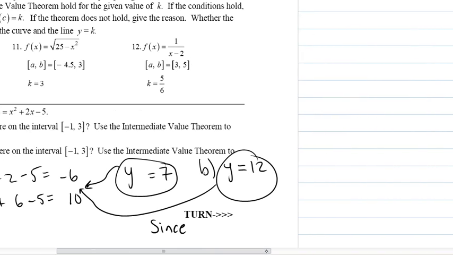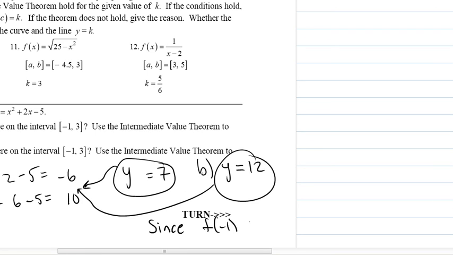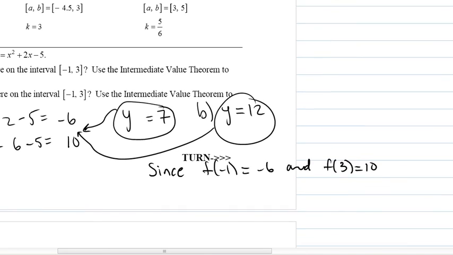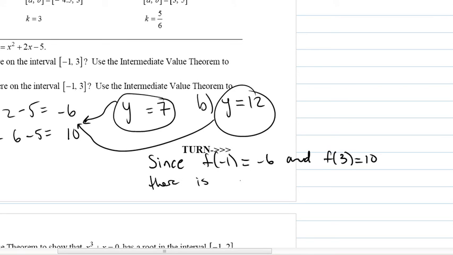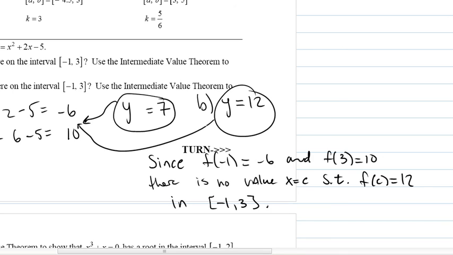Since f of -1 is equal to, what did we say it was, -6, and f of 3 is equal to 10, there is no value x equals c such that f of c is 12 in the interval from -1 to 3. And that would be a good explanation of why the intermediate value theorem does not hold for this problem.